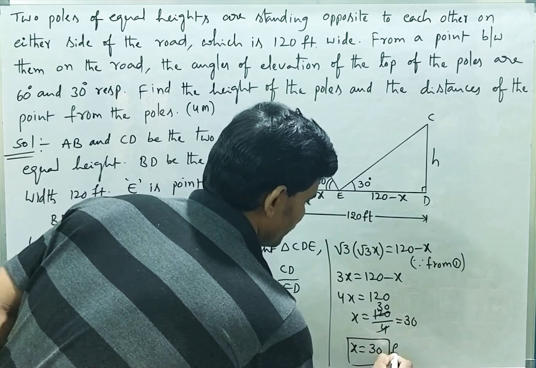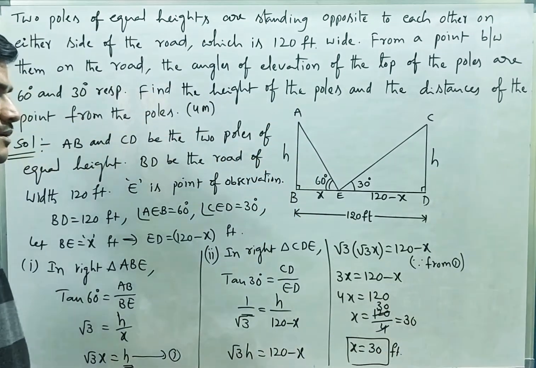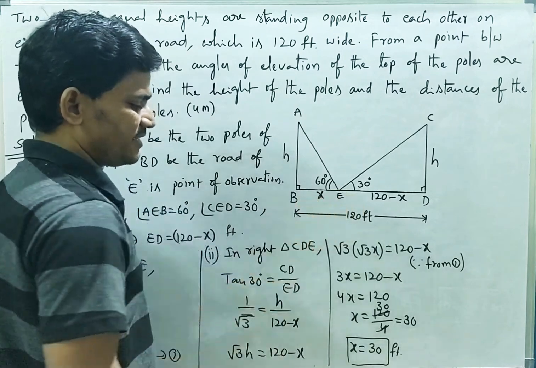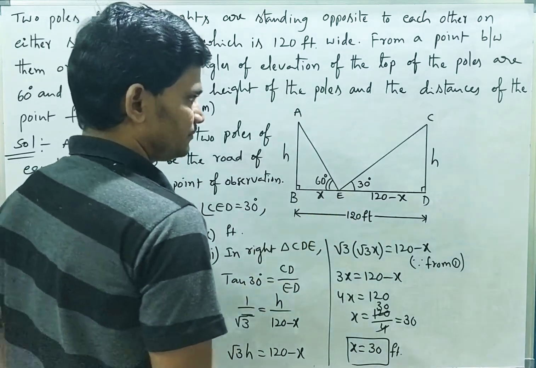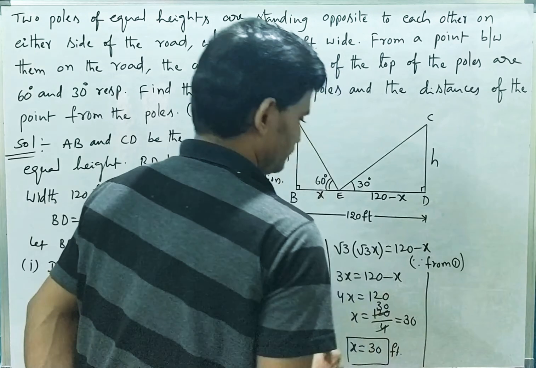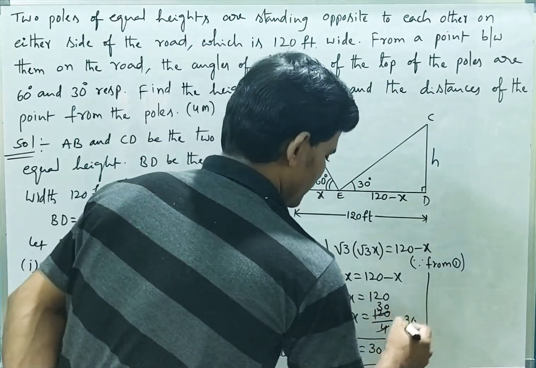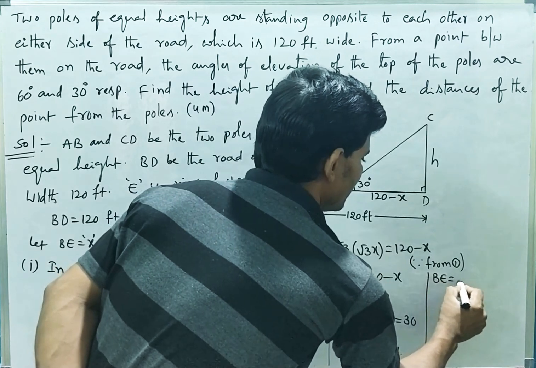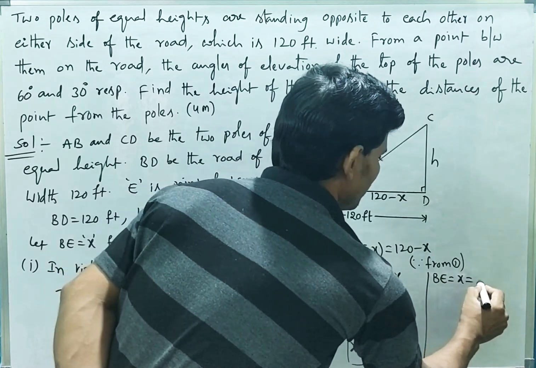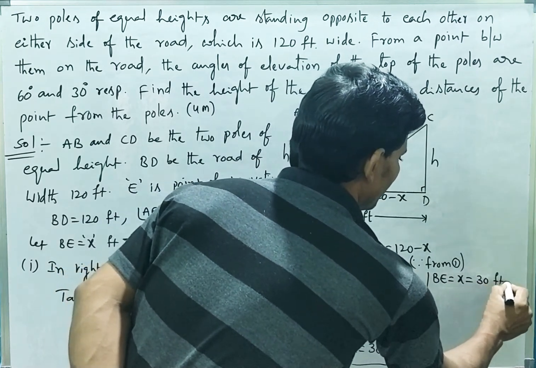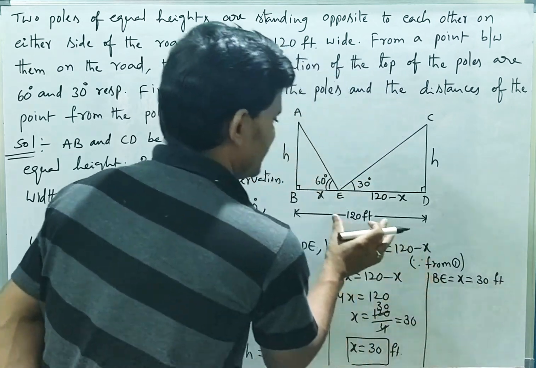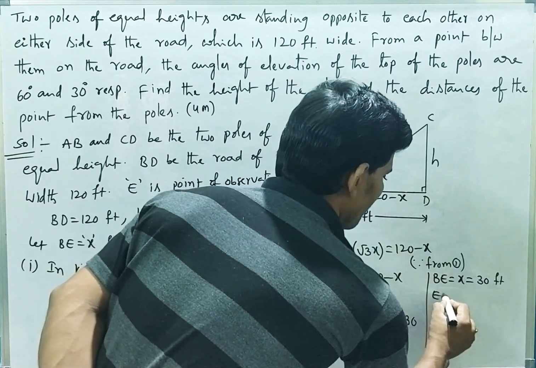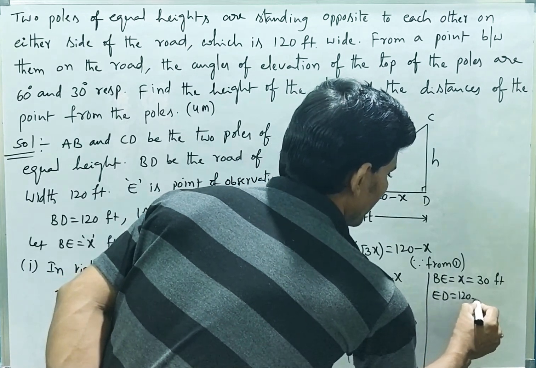30 means 30 feet. So the distance of one of the poles from the observation point is 30 feet. Therefore, BE is equal to x, which is 30 feet. Then automatically, out of 120, if you subtract 30, ED is equal to 120 minus x.